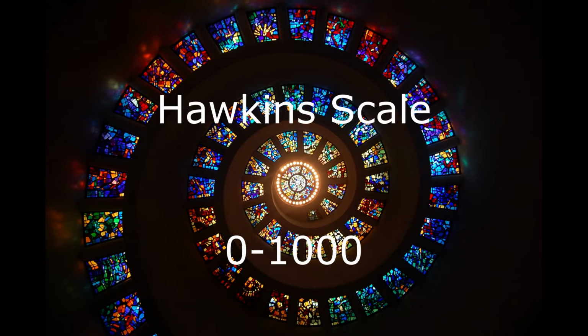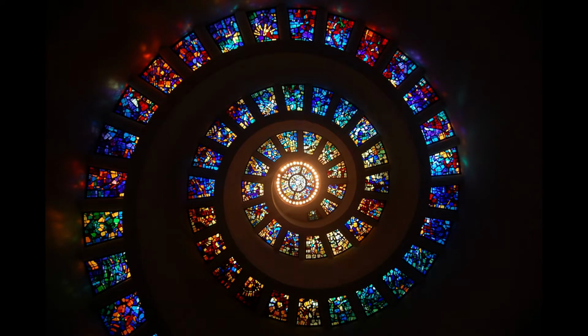which is from 0 to 1000, where 0 is no consciousness and 1000 is the highest consciousness human beings can stand. And below 200 is negative emotions like fear and guilt and greed, and above 200 are positive experiences like courage and reason, and then more and more consciousness like enlightenment.